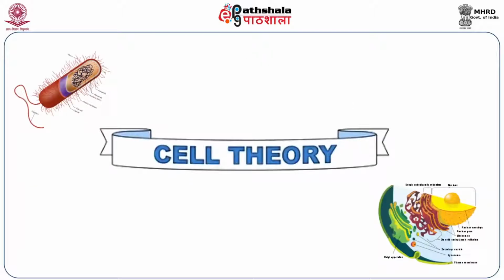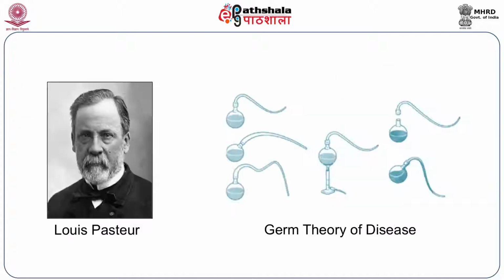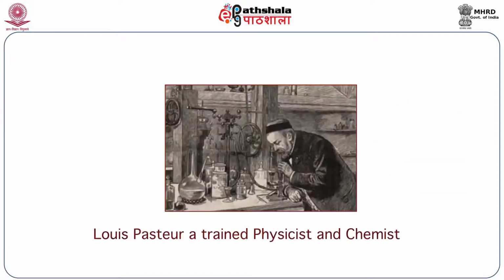Similarly, the advancements in biology, for instance cell theory, which was developed in 1838, became the foundation for modern medical science and technology. So it was through these building blocks from plant sciences and animal sciences that Louis Pasteur, who discovered germ theory, who was not a qualified doctor but was a trained physicist and chemist, made his discovery. These branches of science contributed significantly to the development of European allopathic medicine.